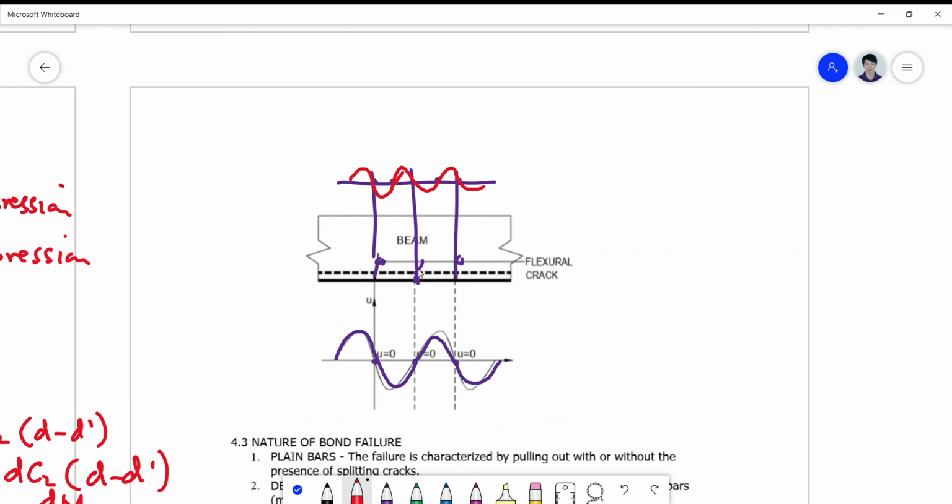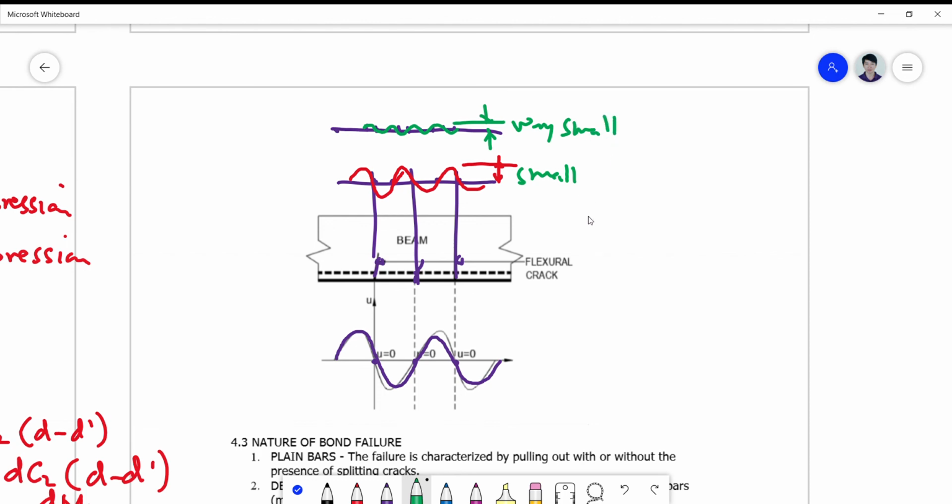If I have more cracks here, of course the value of the bond stress will be smaller and smaller until such time that if I have too many cracks, cracks here, here and here, my bond stress will be so small that it will actually be zero there, until it is very, very small and reaches a value of 0.